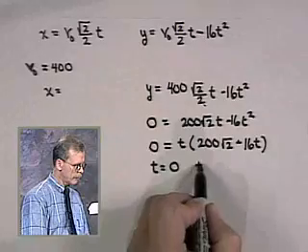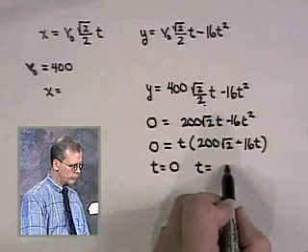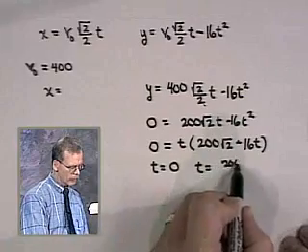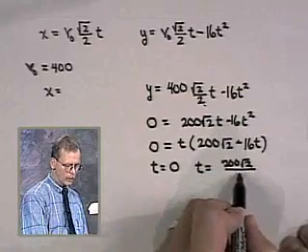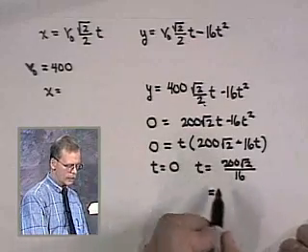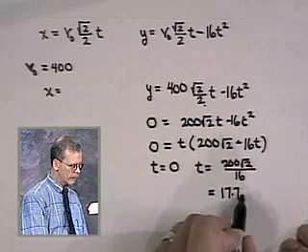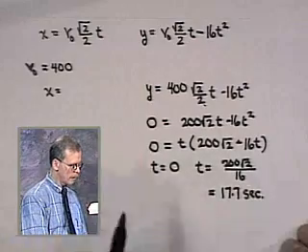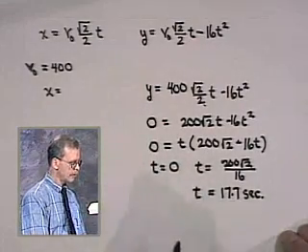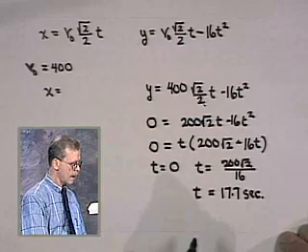The second value is 200 times the square root of 2 over 16, which, when you do the calculation on that, turns out to be about 17.7 seconds. We therefore now know that at time 17.7 seconds, the projectile will hit the ground.